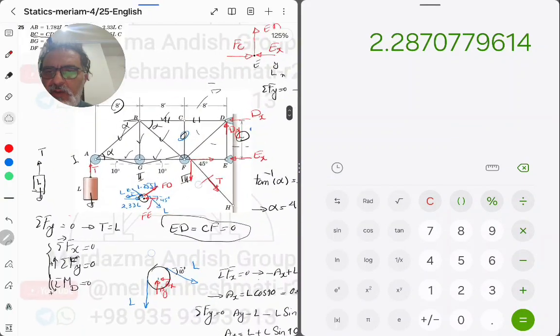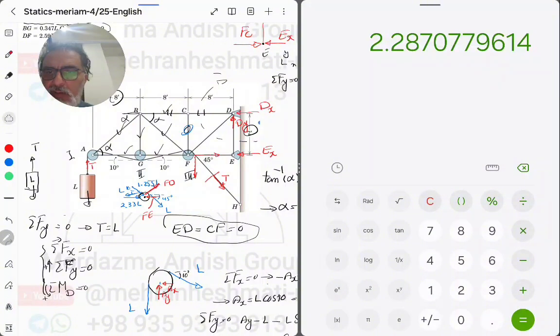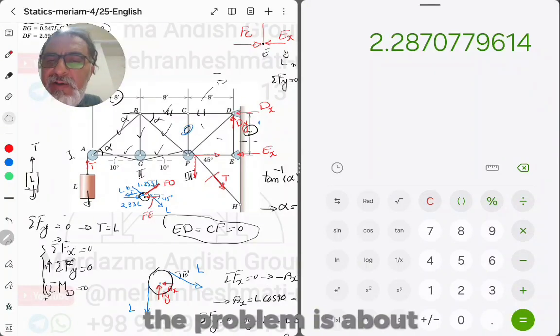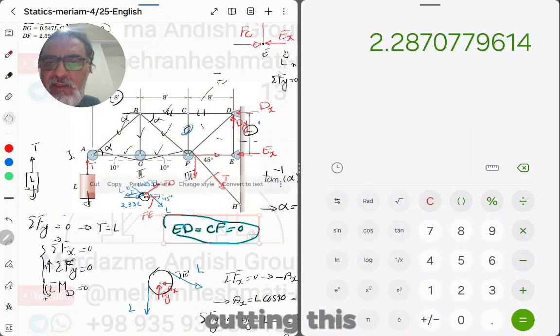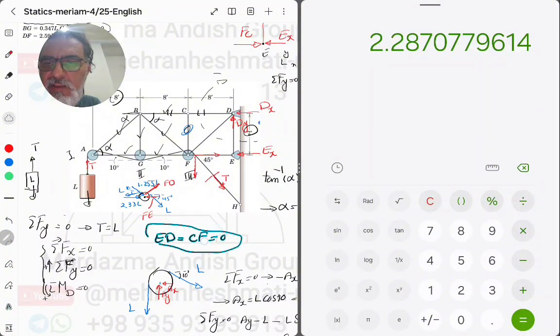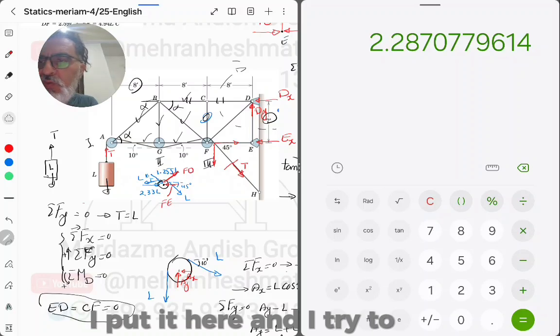I cannot. The problem is about cutting this and putting it here, and I try to write.